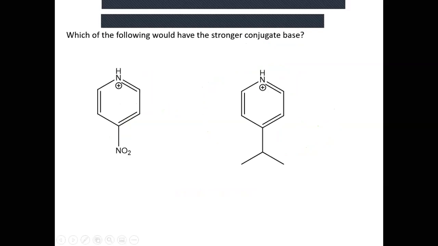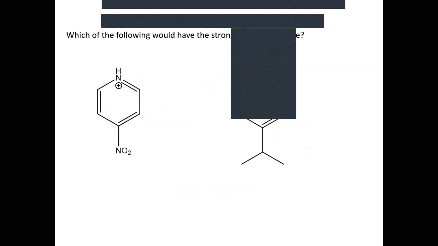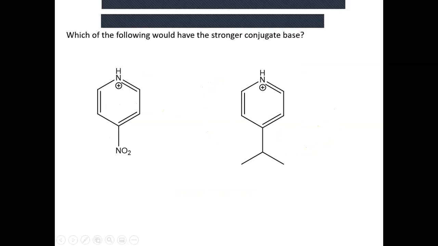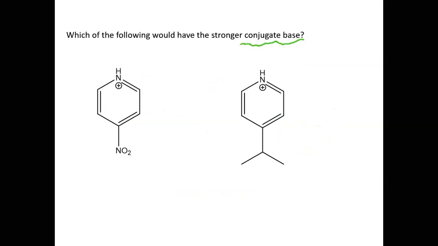So now we're looking at which one would have, again, the stronger conjugate base. So again, the acidic proton is attached to the same element, nitrogen, so we can't make any distinguishing point there. They're both on a phenyl ring, not distinguishing. The same resonance is available for both of them.